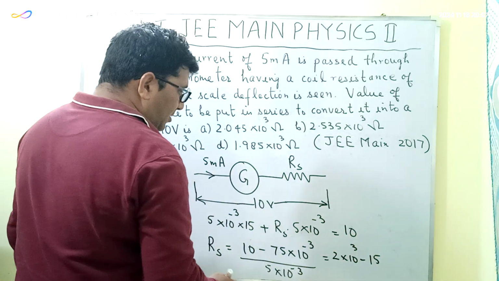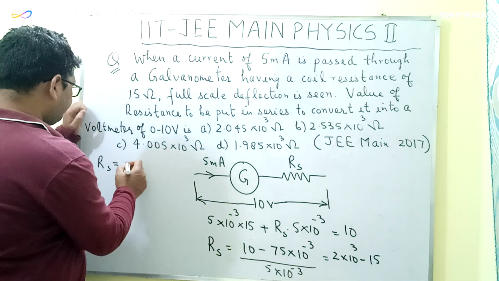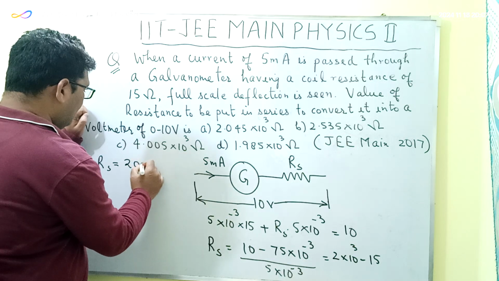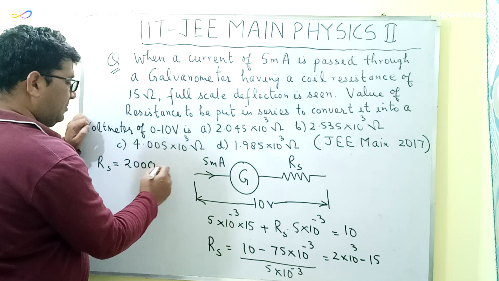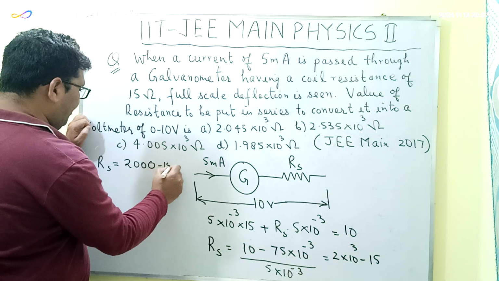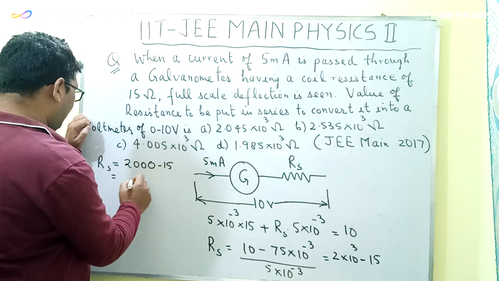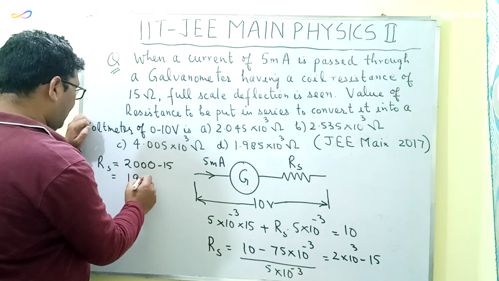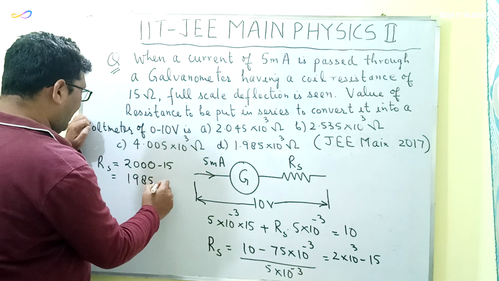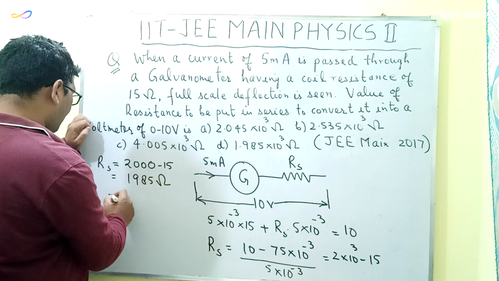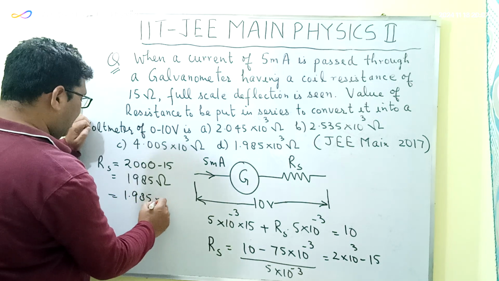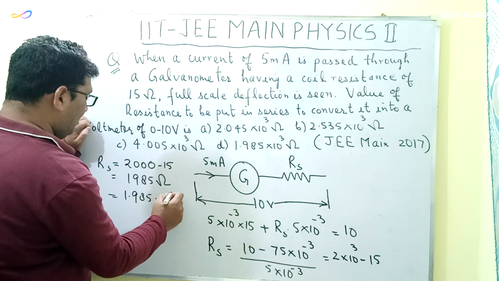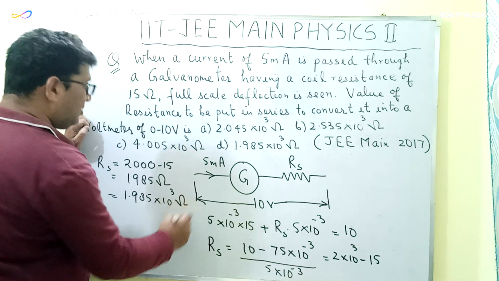So this will be equal to 2000 minus 15, which is 1985 ohms, or we can simply write it as 1.985 into 10 to the power 3 ohms.